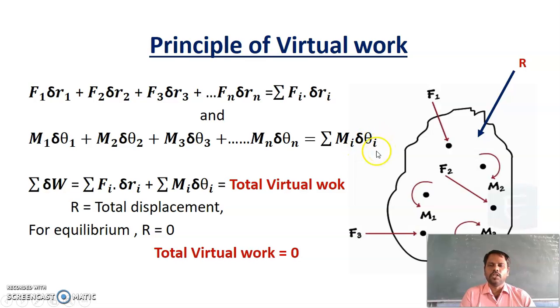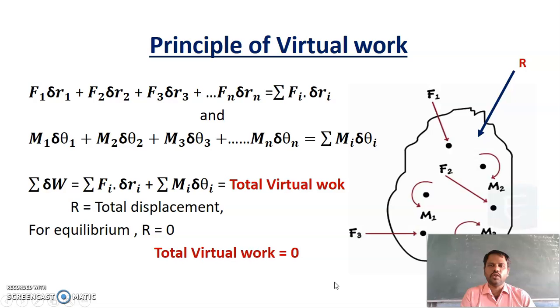So the total virtual work is the sum of the virtual work due to linear forces and the virtual work due to moment couples. These total forces acting on a body give a resultant displacement R. If the total displacement R is equal to 0, which is a condition for equilibrium, then the total virtual work is 0.